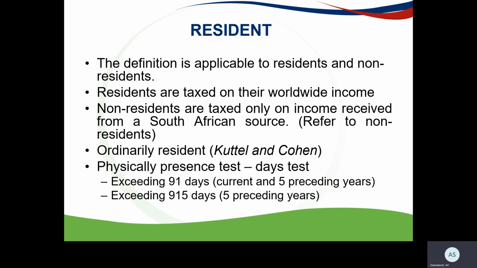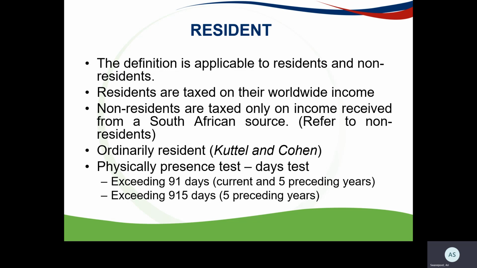Okay, the physical presence test, if you can't determine the ordinary residence, then the person must be present in South Africa more than 91 days in each of the current and the 5 preceding tax years.